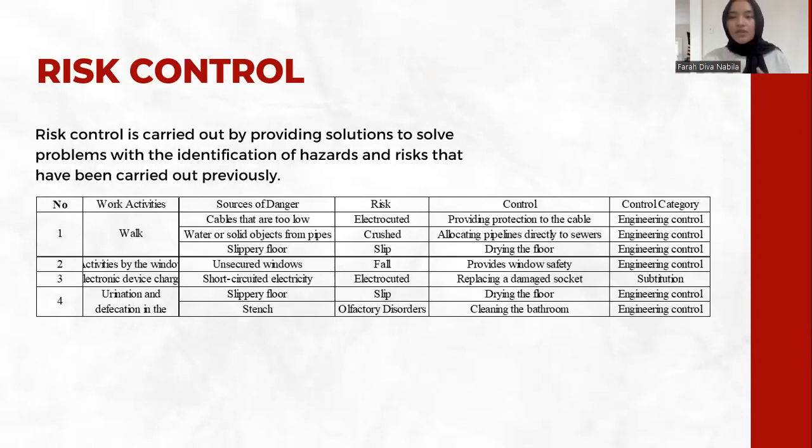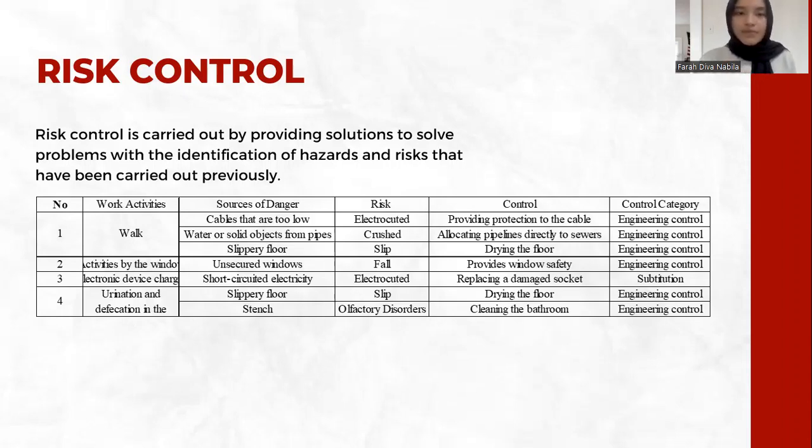Design is modification or installation of sources, tools, machines, activities and areas to make them safe. Fourth is administration. Administration is the implementation of work procedures or tools. And the last risk control is personal protective equipment, which is the provision of personal protective equipment for workers with a high hazard.